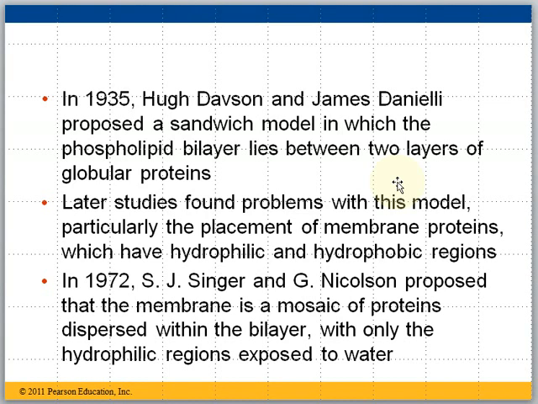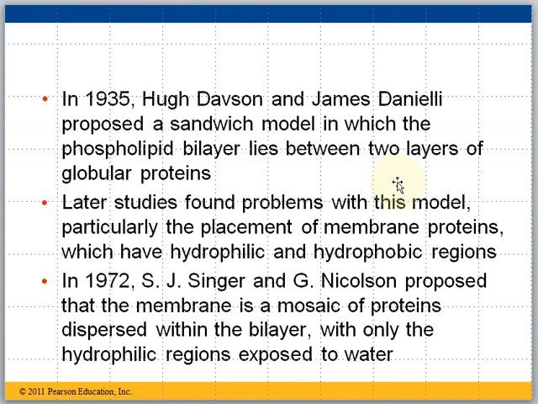Then they determined that wasn't exactly correct, and they thought perhaps some of these proteins were embedded within the layers, because proteins also have parts that are hydrophilic, that like to be next to the water, and parts that are hydrophobic, that like to be away from the water. In 1972, a further developed idea came about, helped by the advent of new microscope technology: that the membrane is what they call a mosaic.